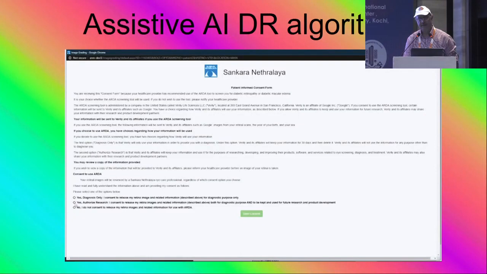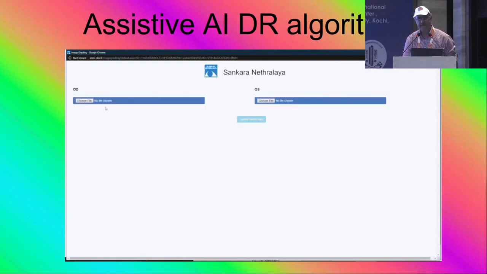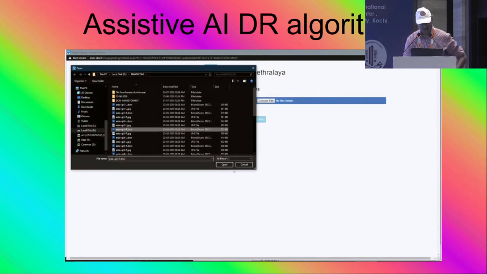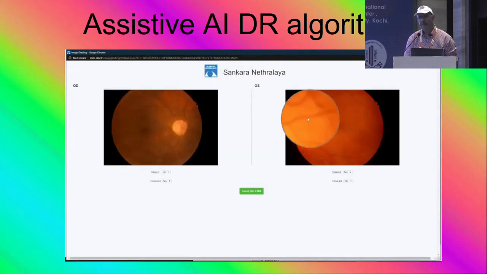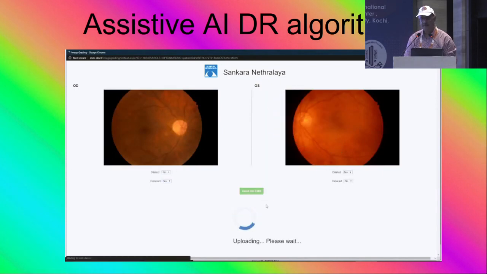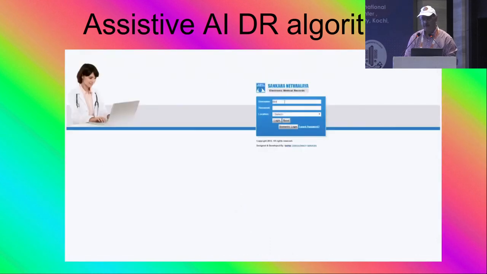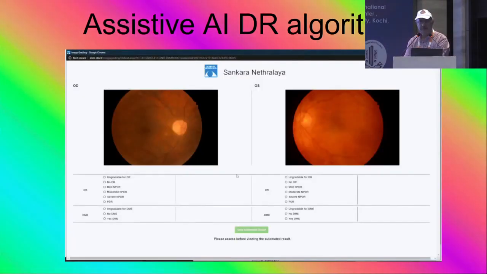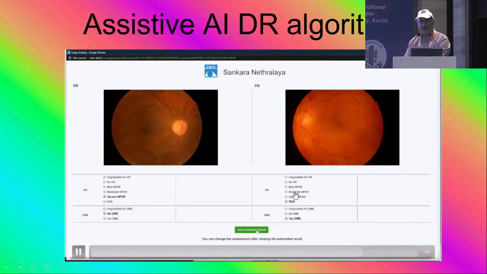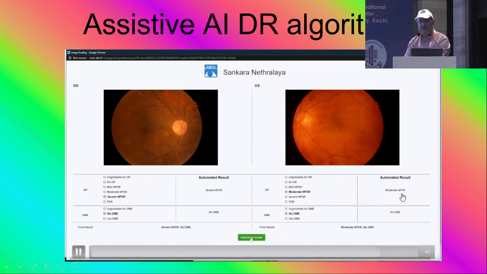A consent is taken, and then through the record a photograph is presented and examined, and after examining, the classification is done by AI. And then a doctor also gives his opinion. For example, here it mentions a stage, and AI mentions a stage.